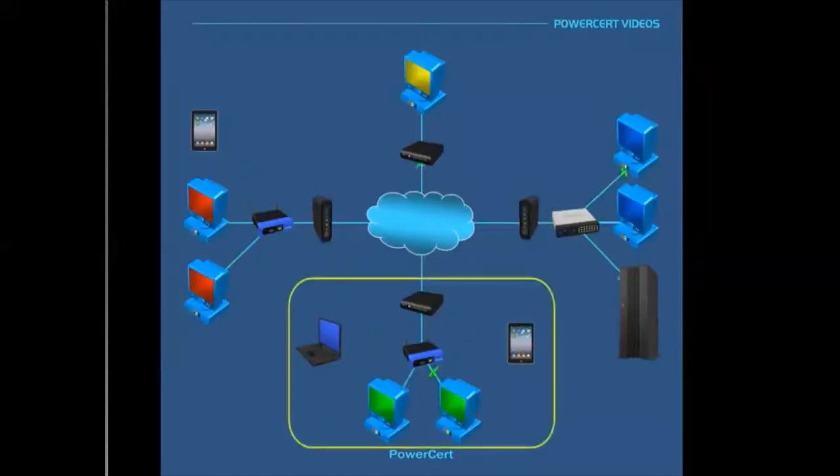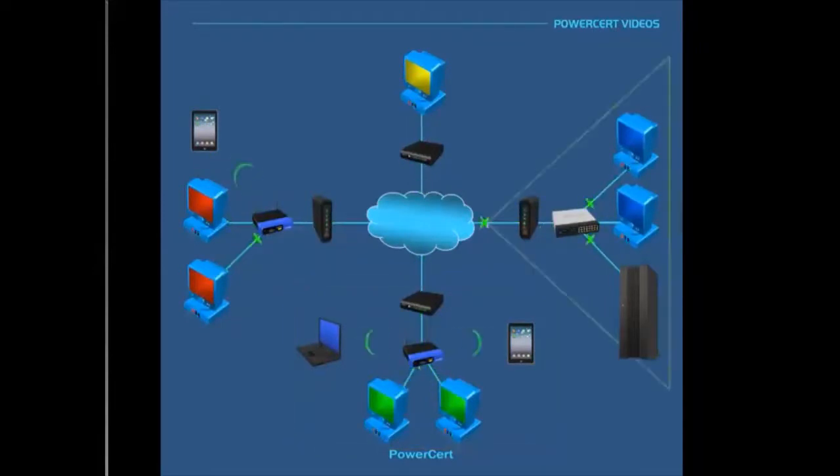On the bottom, we have another network, and this network is using a DSL modem, and it's also using a small office, home office router, so that its computers, the laptop, and the tablet can access the internet. The network here on the right is an example of a business network, and it's using a cable modem and a business router, so we can connect its computers and its server.